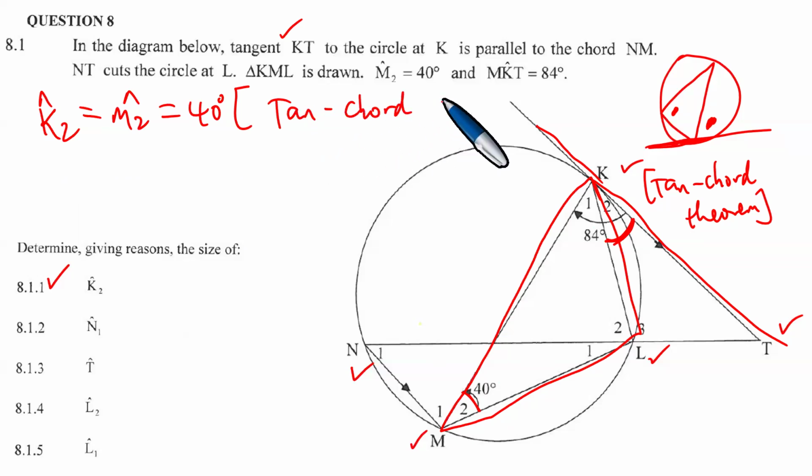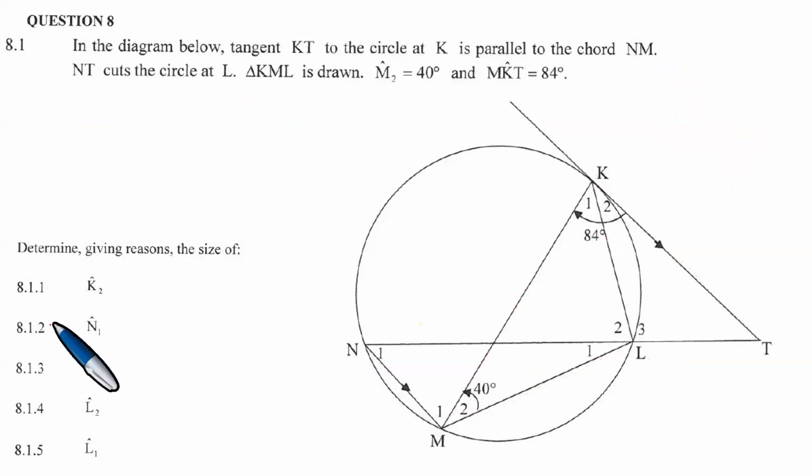So the angle K2 equals M2, which equals 40 degrees. Then the next thing we're going to do is angle N1.